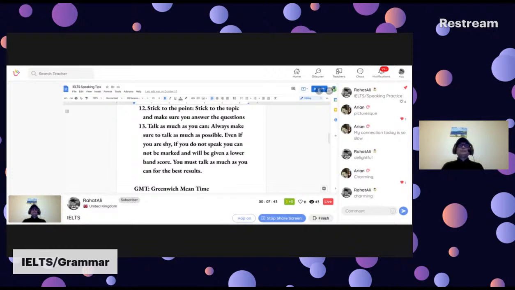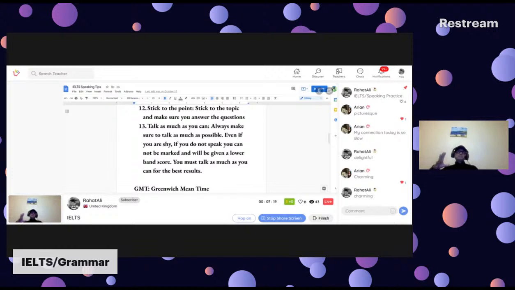When you'll be given a topic, you'll get 1 minute to think, and after that you'll be asked to talk about the topic for at least 2 minutes. Remember that in 2 minutes you can talk a lot, but don't think that it is only for 2 minutes. It should be more than that. Talk as much as possible, but make sure you talk at least 2 minutes.